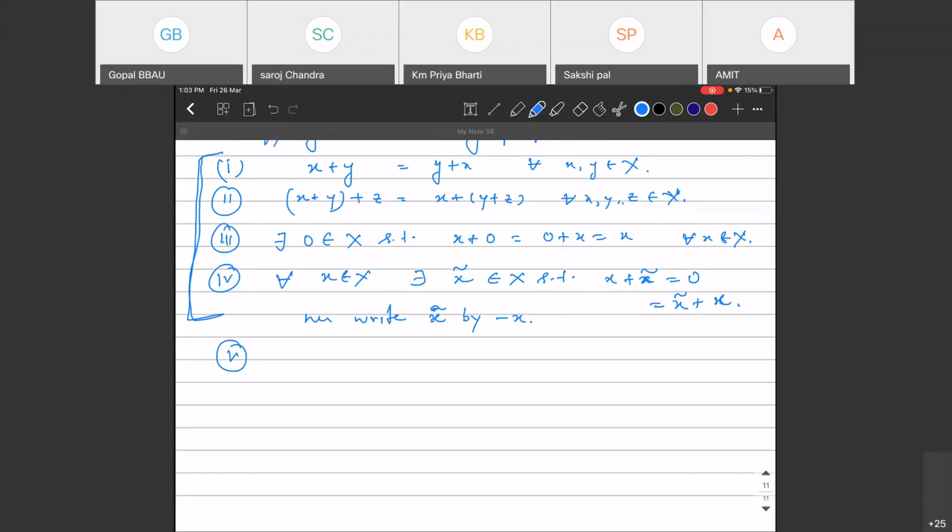Now the properties with respect to scalar multiplication.